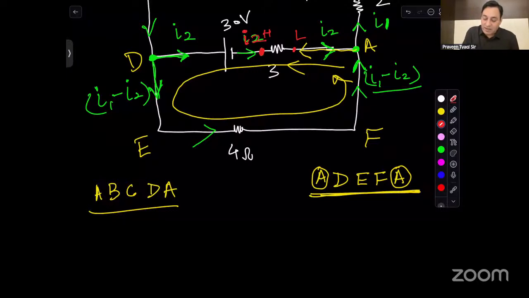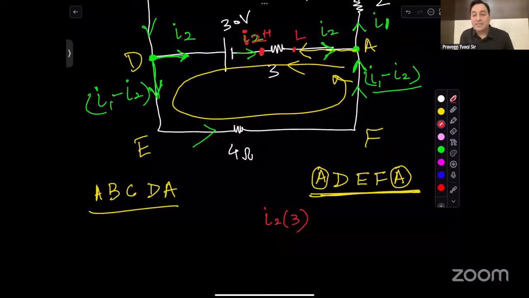Now, I will write the potential difference across this resistance, 3 ohm resistance, will be IR, I2 into 3. But I have to apply a sign. What should be the sign? Plus or minus. I am moving in this direction. I am going like this. So I am moving from a lower potential to a higher potential while writing this equation.